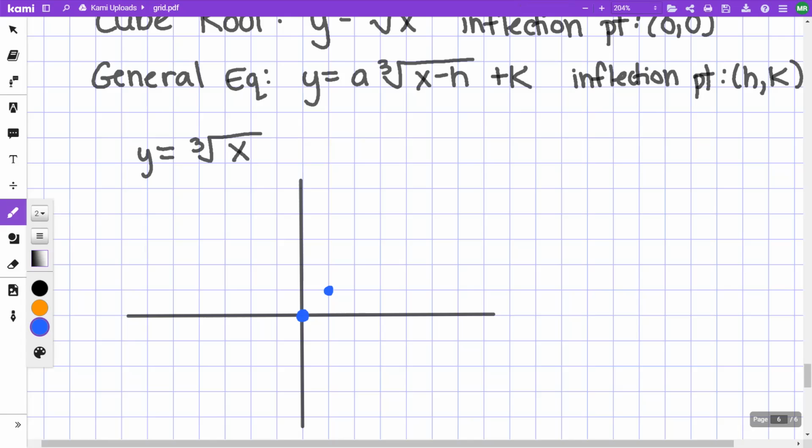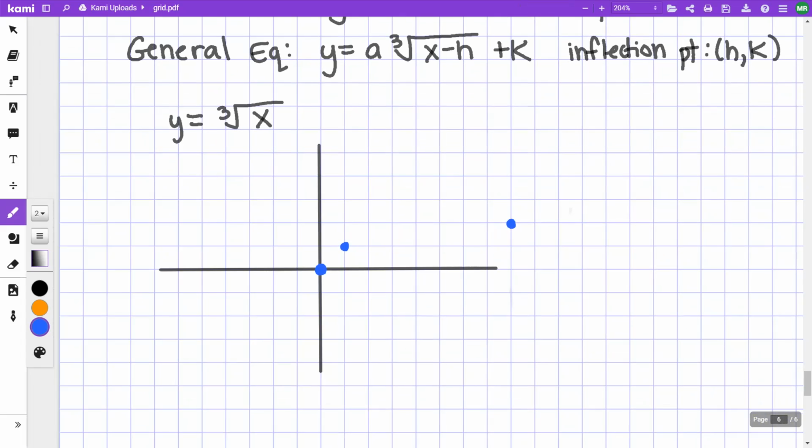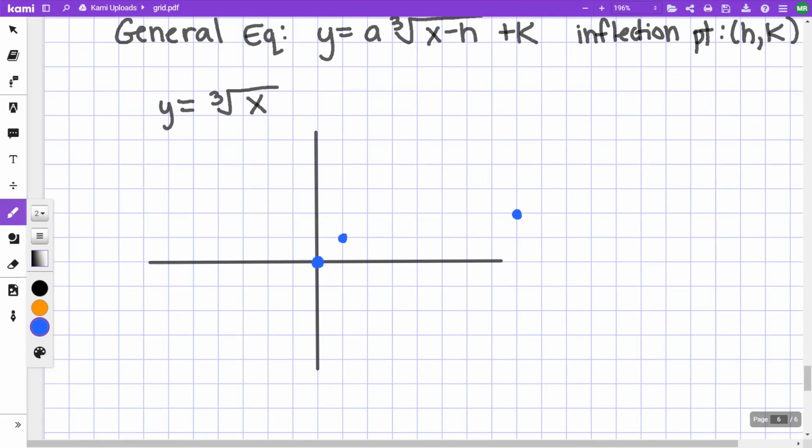So I go to 8. 1, 2, 3, 4, 5, 6, 7, 8. And I'd be up at 2. I'm going to have the same on the negative side. So I'm going to go -1, -1. And I'm going to go -8. 1, 2, 3, 4, 5, 6, 7, 8. -2.